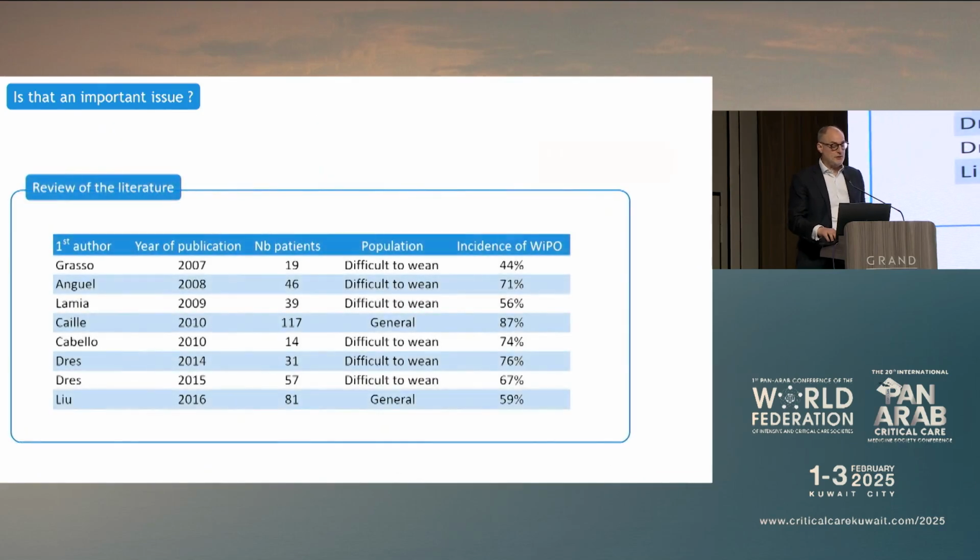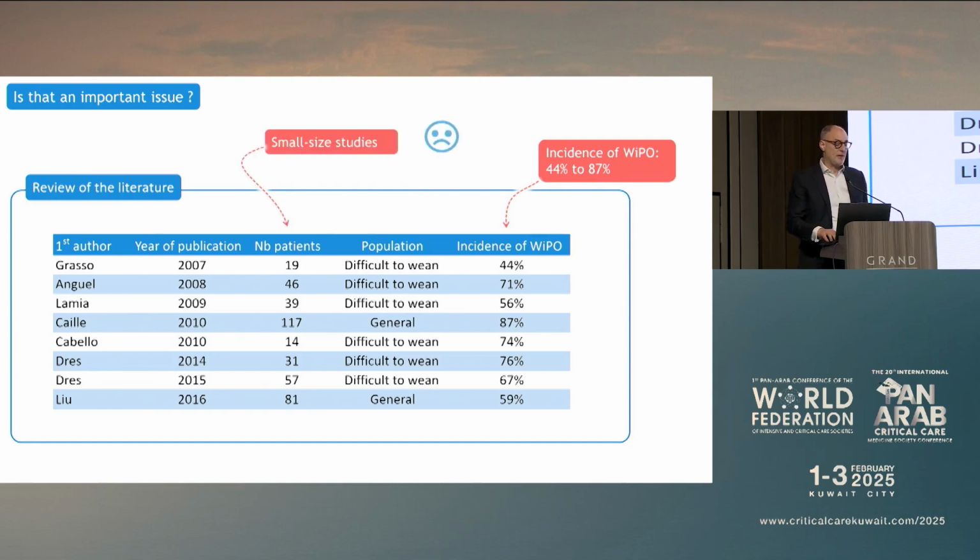And one must say, indeed, that the studies that investigated the incidence or even the prevalence of this weaning-induced cardiac dysfunction were quite small-sized and reported an incidence from 40 to 90%. Again, these were small-sized studies and especially included very specific patients.